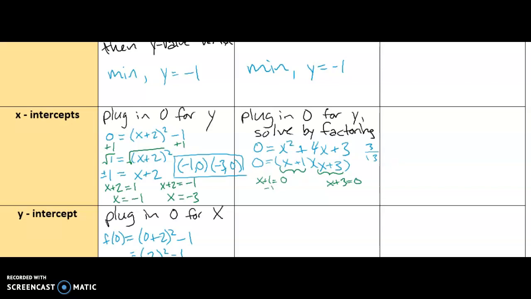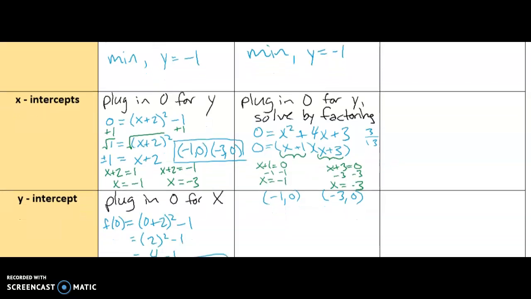If you're not sure, you just solve it like an equation. This would give you x equals negative 1. Then I would do the same thing on the other side. What x value would make x plus 3 equal to 0? Well, if I subtract 3, I'll see that if x was negative 3, I would get 0. So my x-intercepts for this problem are (negative 1, 0) and (negative 3, 0).